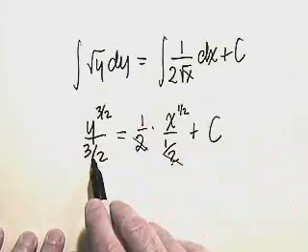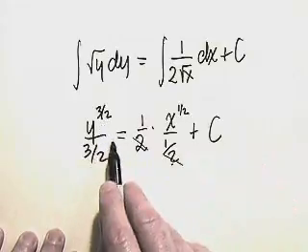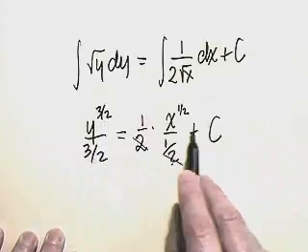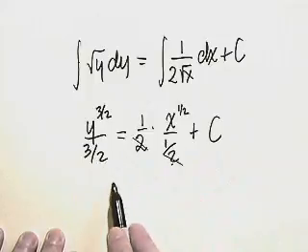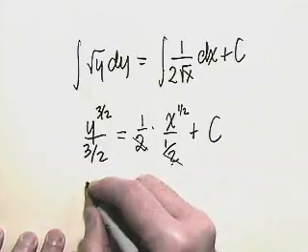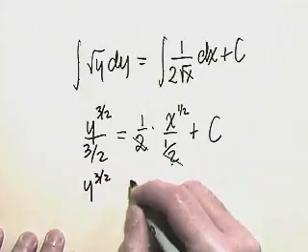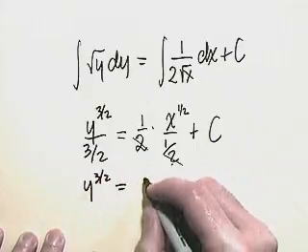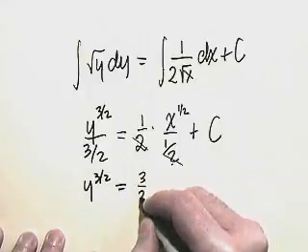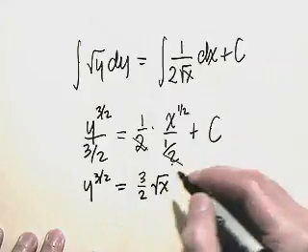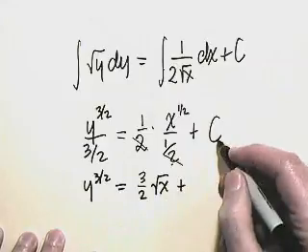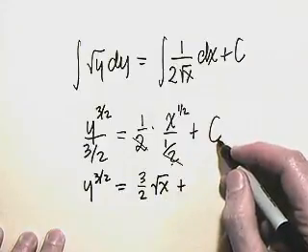and so we have y to the 3/2 is equal to x to the 1/2 plus the constant of integration. Of course, we have to multiply out the 3/2. And so we have y to the 3/2 equals 3/2 times, I'm going to write the x to the 1/2 as square root x, plus 3/2 times our constant of integration.